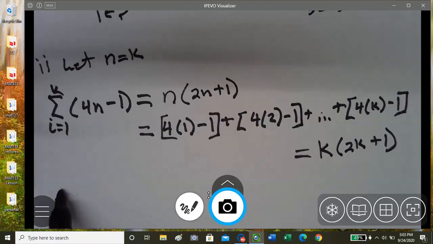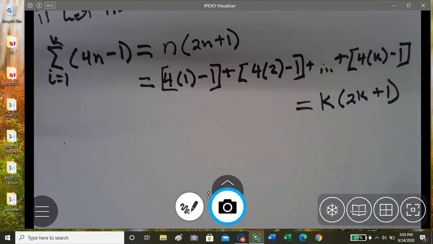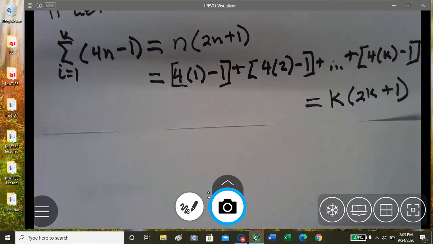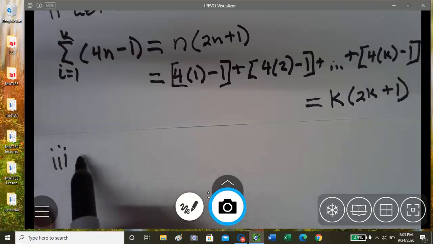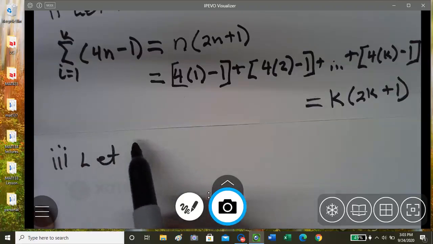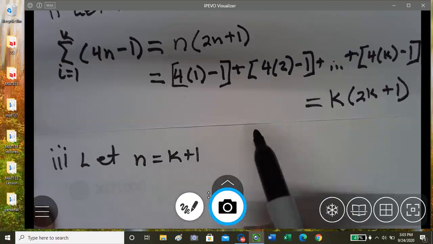now we do part 3. And we get another paper for that because I'll only have enough. So part 3, we want to let n equal k plus 1 this time.